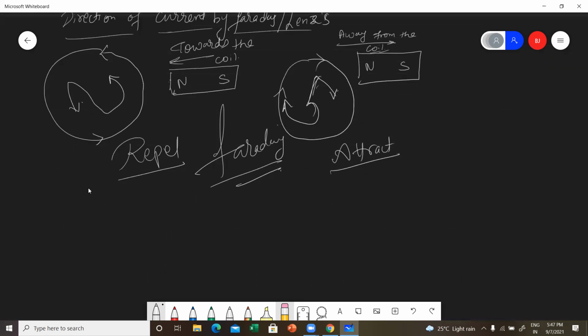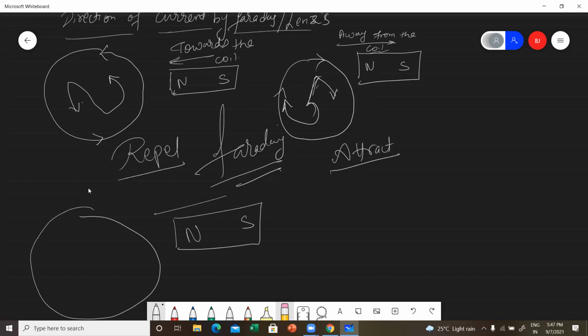So if this is my coil, here is my bar magnet, north to south, towards the coil. So what will we do? We will just make it opposite. Instead of north, we will write south. The current will have to flow like this. Then it will attract, instead of repel.